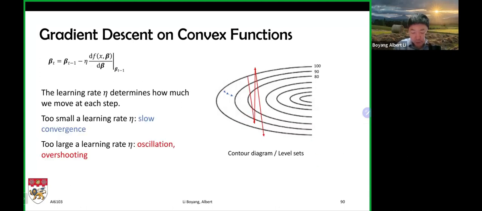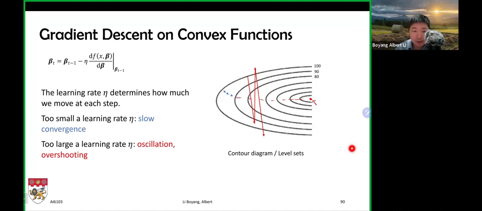However, we also don't want to take a very, very small learning rate. As you can see on the diagram on the right, if I take some very small steps, I will have slow convergence, right? Because I move so little, it would take many, many steps. Let's say the local minimum is right here, I would have to take maybe dozens or hundreds of steps before I can reach the local minimum.